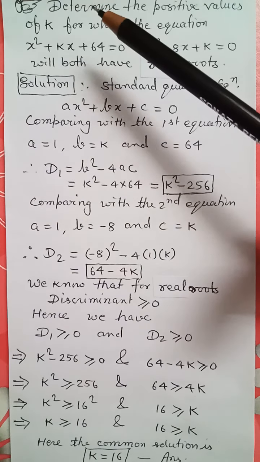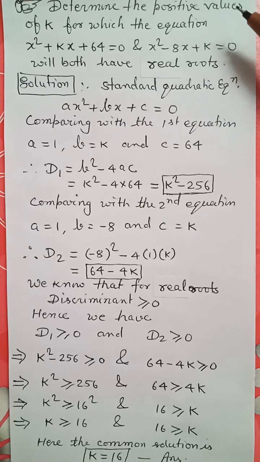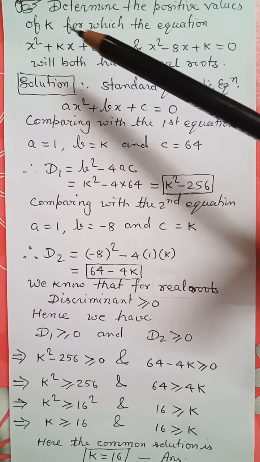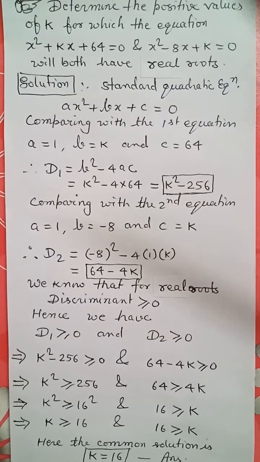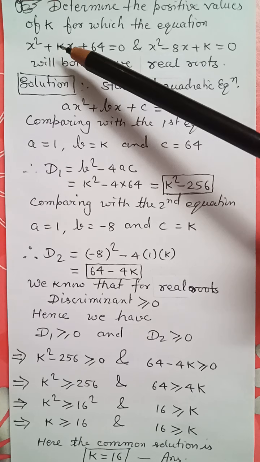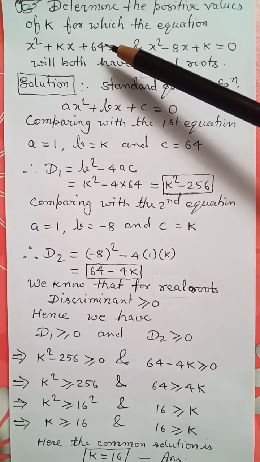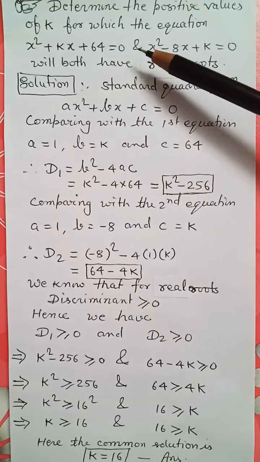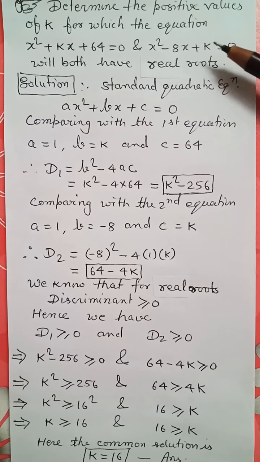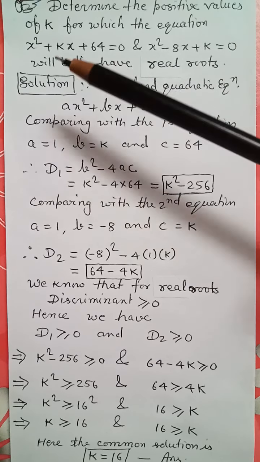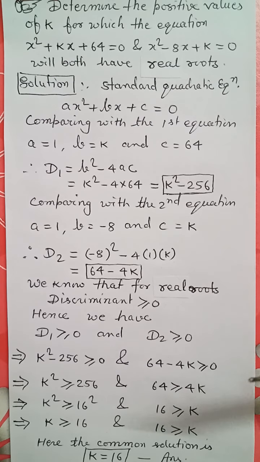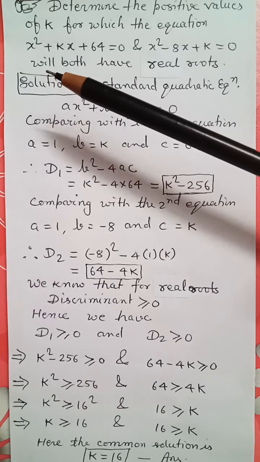The problem is: determine the positive values of k for which the equations x square plus kx plus 64 equals 0 and x square minus 8x plus k equals 0 will both have real roots. Let us proceed for its solution.